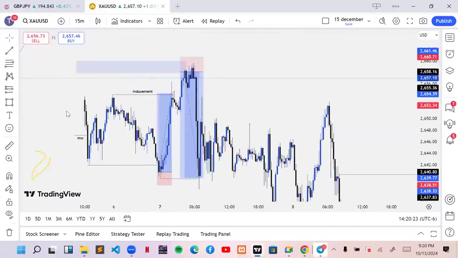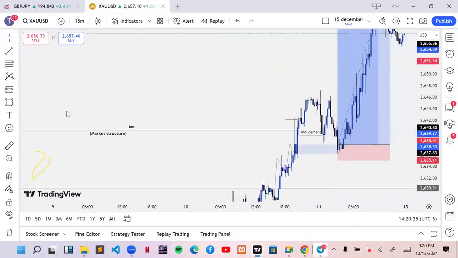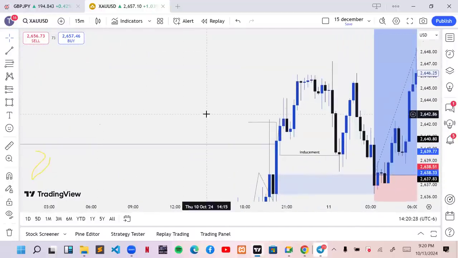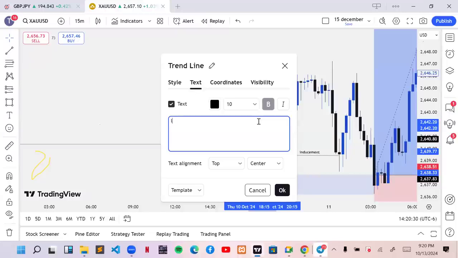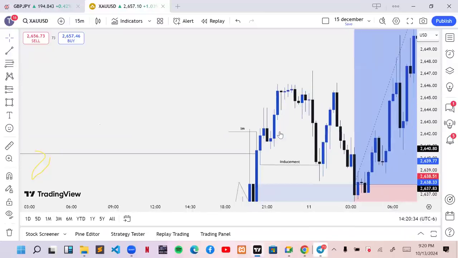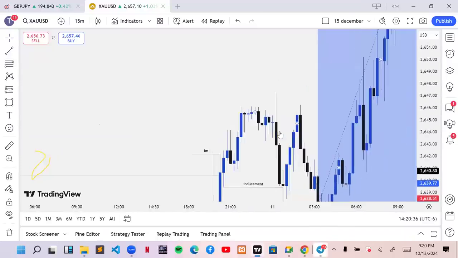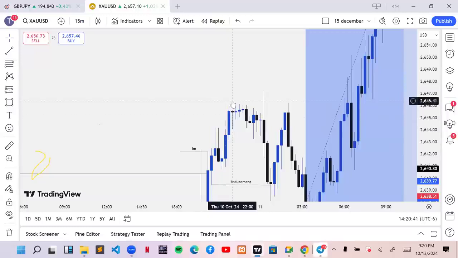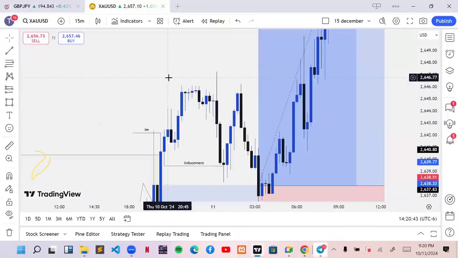This was the break of structure. This was the last move. This candle that came here pushed market up. It even pushed it past the last move to here, more than 100% of it. So it's valid.